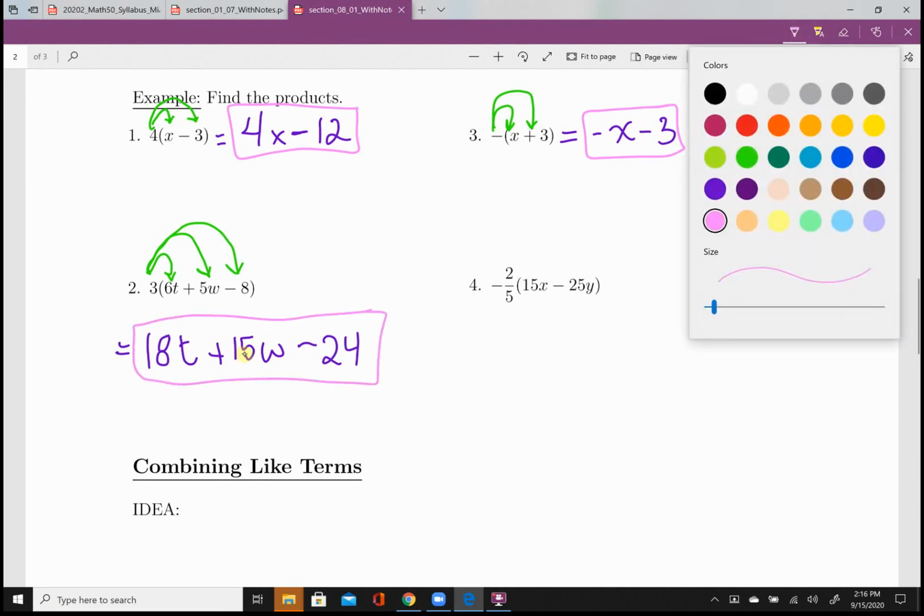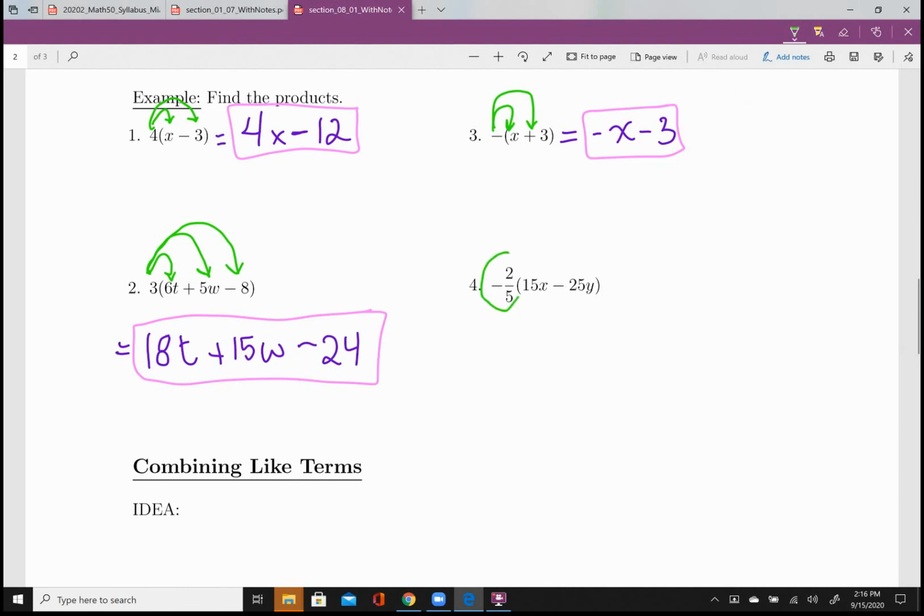And finally, for number 4, let's distribute the entirety of this factor out in front. Negative 2/5 goes here, and it goes there. Here, for this one, I'm actually going to show a little bit of work. Otherwise, the things that I had done previously were more or less done in my head, but here I'm going to go ahead and choose to show a little work.